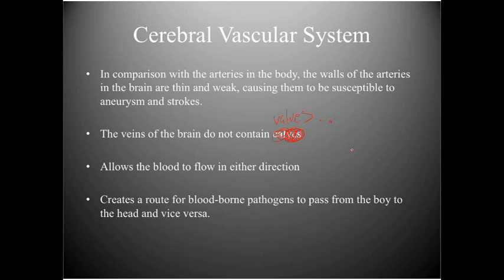There's aortic valves, which prevent blood flow from going the opposite direction from what it's supposed to. But the brain does not have this. And this creates a route for bloodborne pathogens to pass from the body to the head, and vice versa.